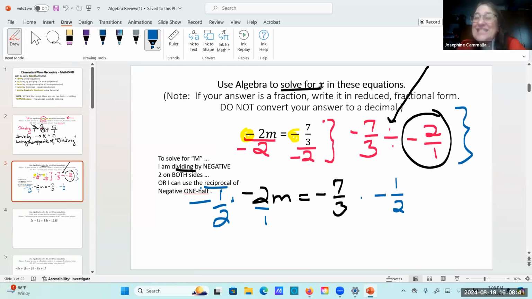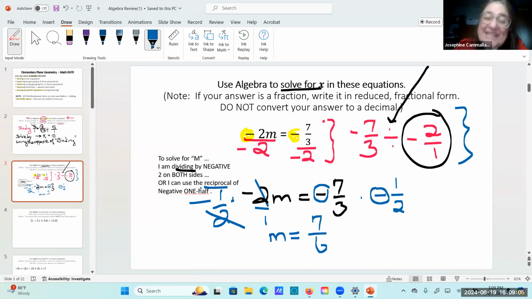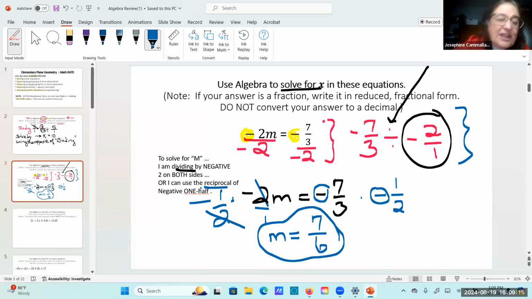It technically is the same thing that I did up here, because these 2's are going to cancel, and it will leave me with a positive m. But remember, negative times negative is positive. Now, the answer will be 7/6. Okay. 7/6.